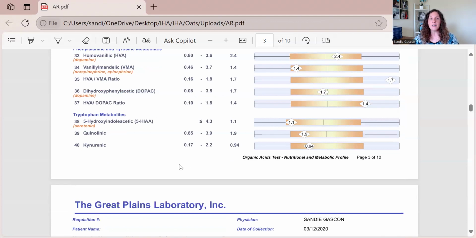And quinolinic acid and kynurenic acid, I so suck at pronouncing things, this is going to be produced, and there's a diagram down below, I'll show you it. This is produced when the body is having trouble converting tryptophan from food into serotonin.